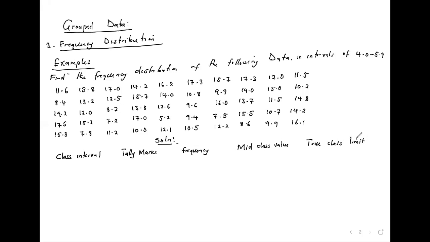So now we start. We'll start from 4.0 to 5.9, and then 6.0 to 7.9, 8.0 to 9.9, 10.0 to 11.9, 12.0 to 13.9, 14.0 to 15.9, 16.0 to 17.9.